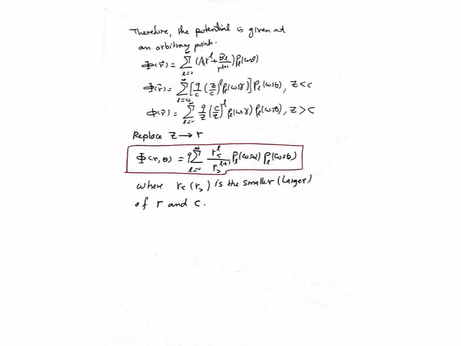Now we have to replace z by r. So the solution is given by q times the summation from L equals 0 to infinity of r lesser to the power L over r greater to the power L plus 1, P_L of cosine alpha, P_L of cosine theta.